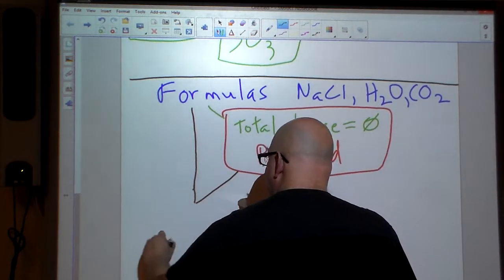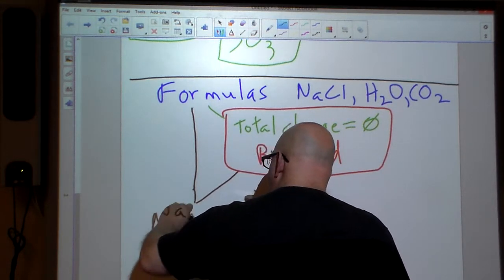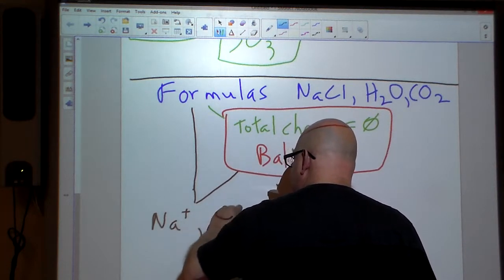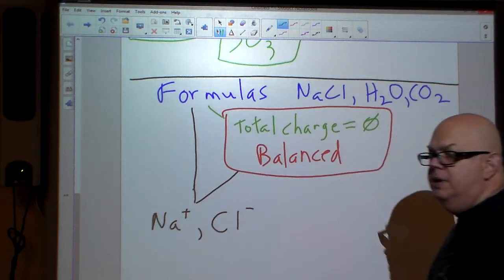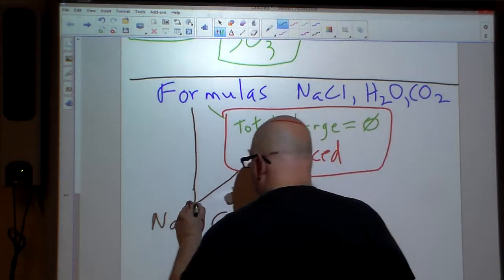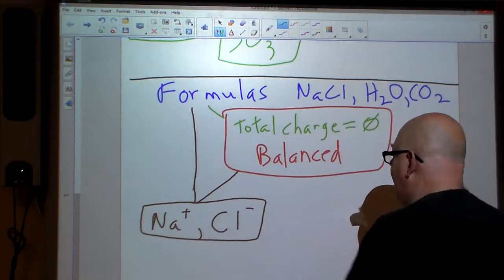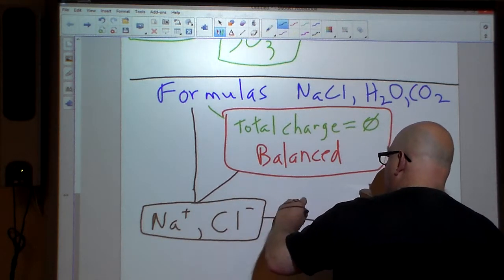Okay, so let's look at an example. We have Na with a positive charge because it loses an electron, and Cl with a minus charge because it picks up an electron. We have that, and they combine.